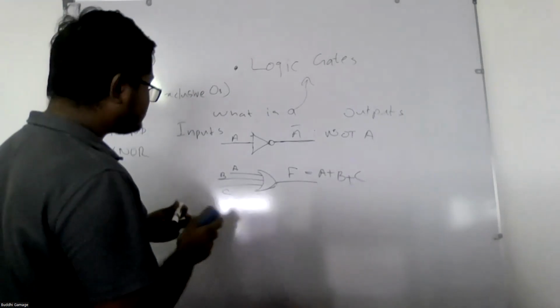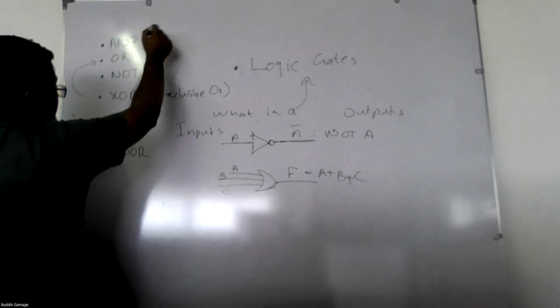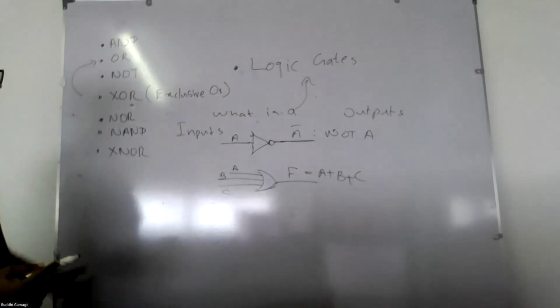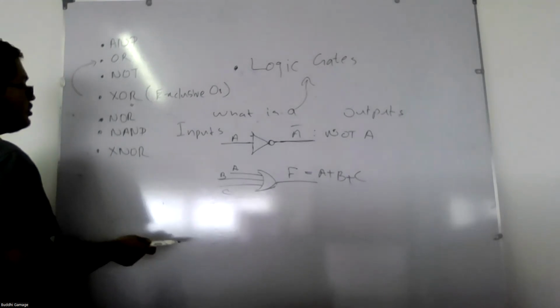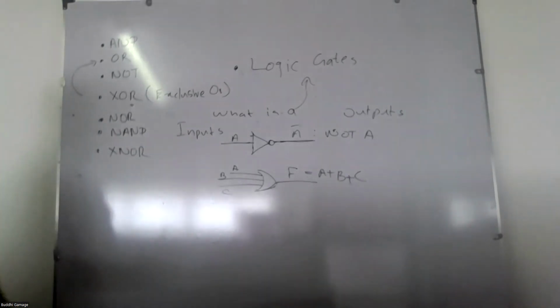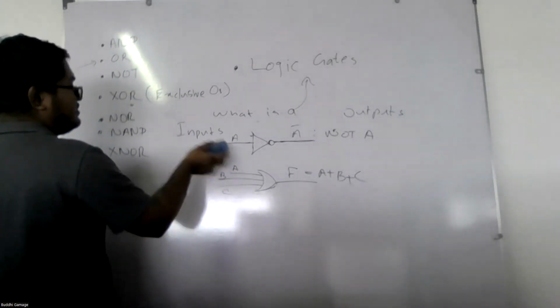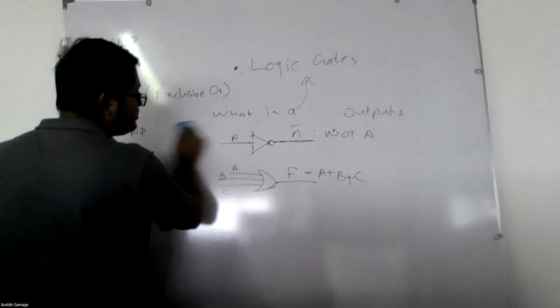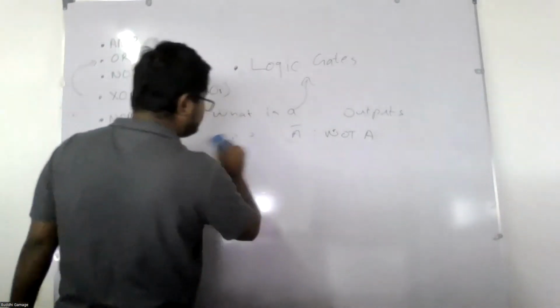In another way, there is a set of rules regarding each of these gates, and we can derive what the output will be corresponding to the particular input at a given time. So that is logic gates, right? We need to go through each one.